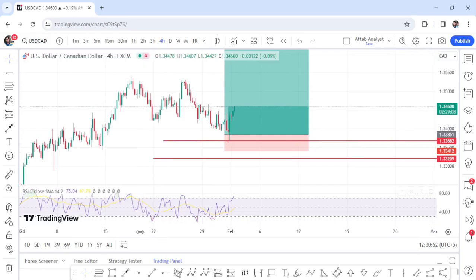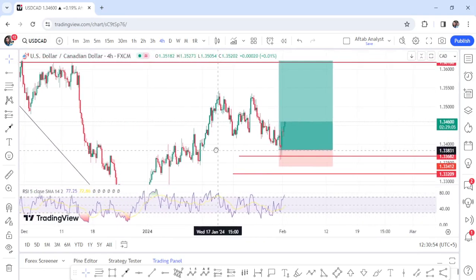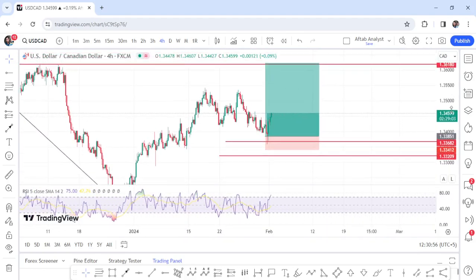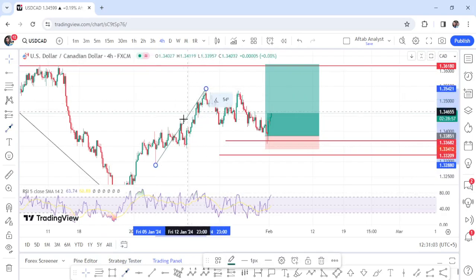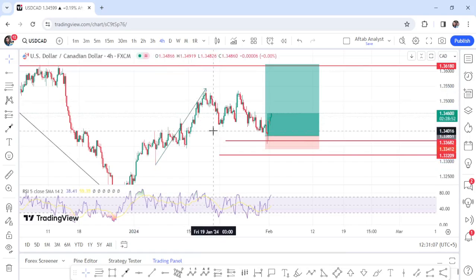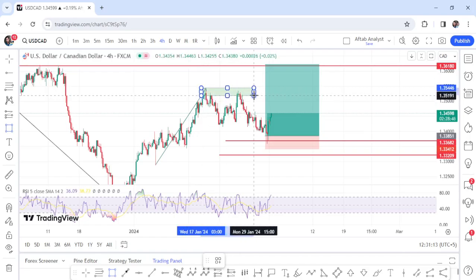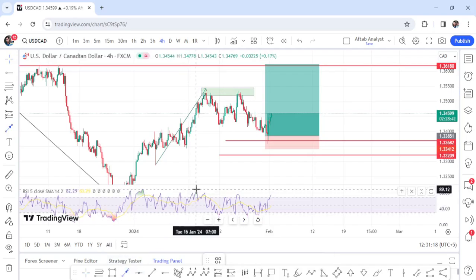And for confirmation, there is one other thing that I usually consider, and that is my ABCD pattern, the ABCD pattern strategy I trade with. So see, the market on the H4 was going straight up. It created this double top up there. You can clearly see this is a double top, and most probably there must be some sort of divergence on the RSI, clearly visible right here.